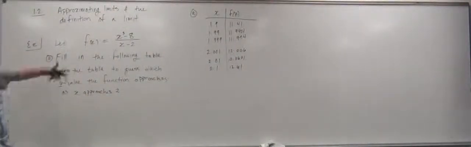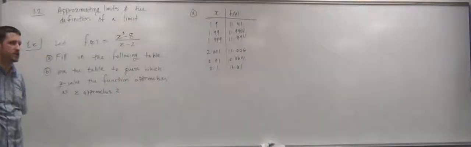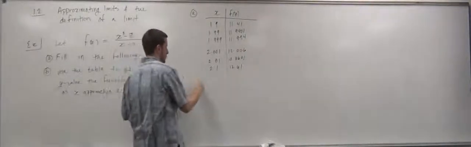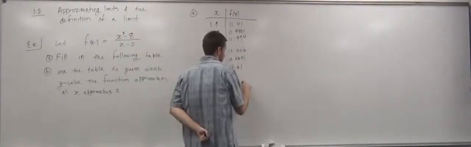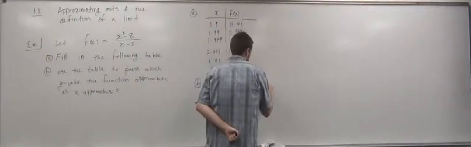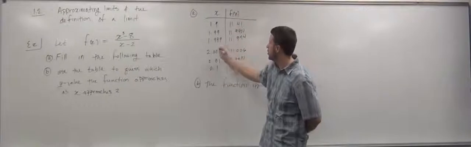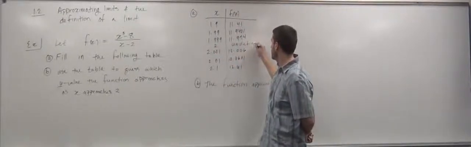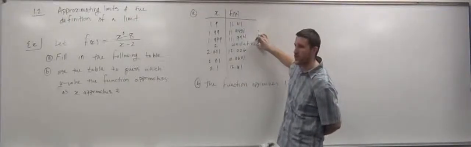So what about B? So this is the table, but how can I use the table to guess which y value the function approaches? What does it look like your function's approaching? 12, right? Function approaches 12. Because as you get closer and closer to 2, x equals 2 is actually going to give you undefined. But as you get closer and closer from either side, you're zeroing in on 12.